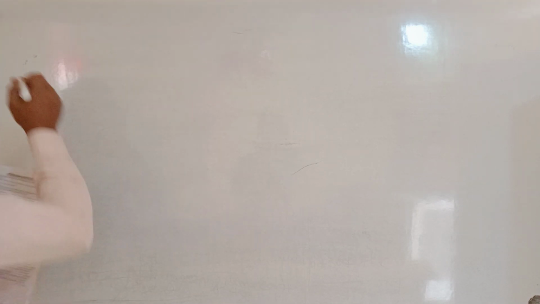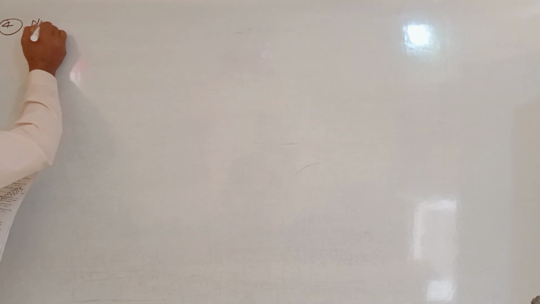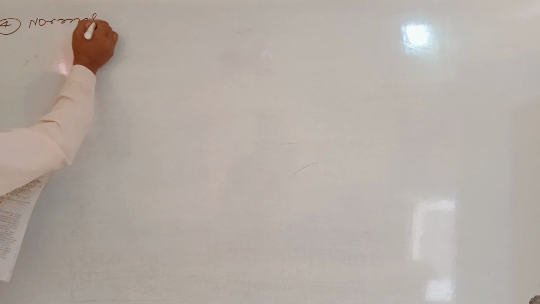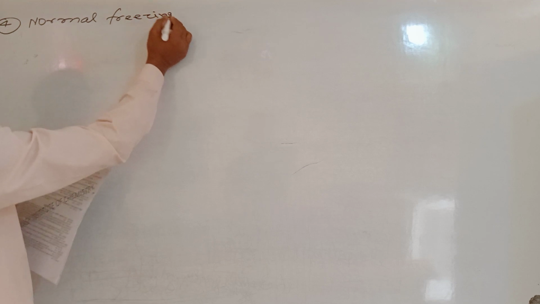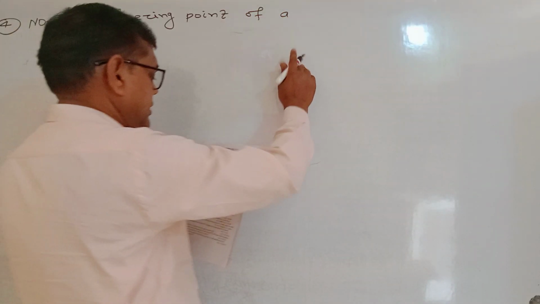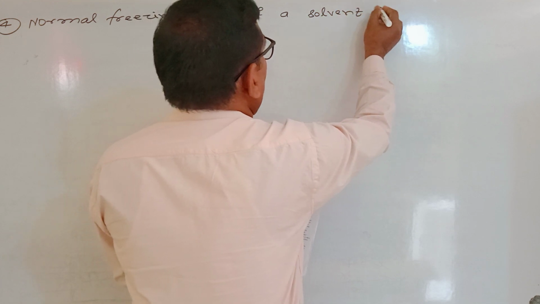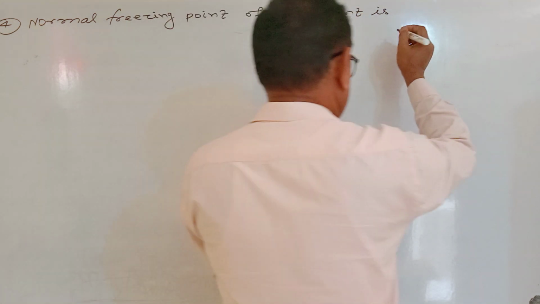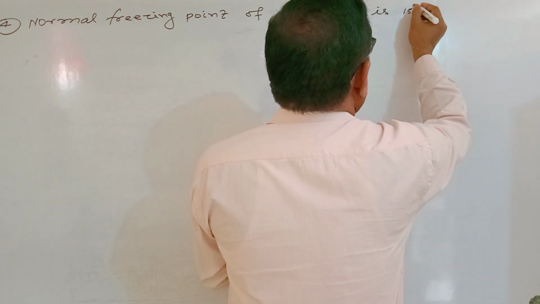Numerical 4 we write: the normal freezing point of a solvent is 5 degrees Celsius.